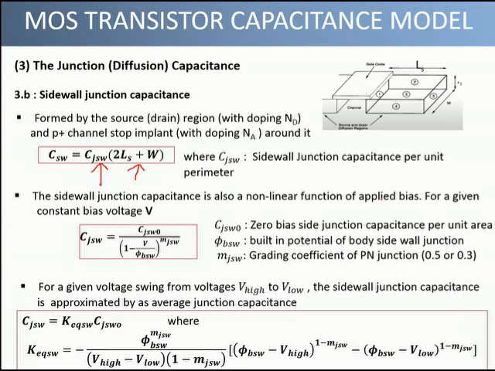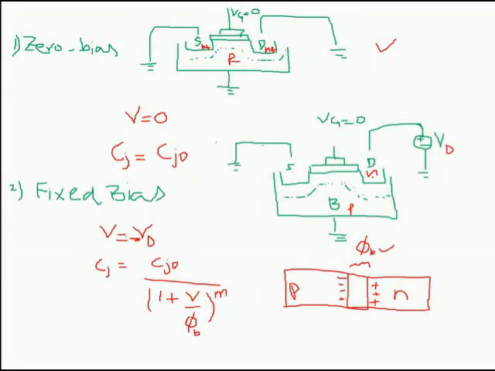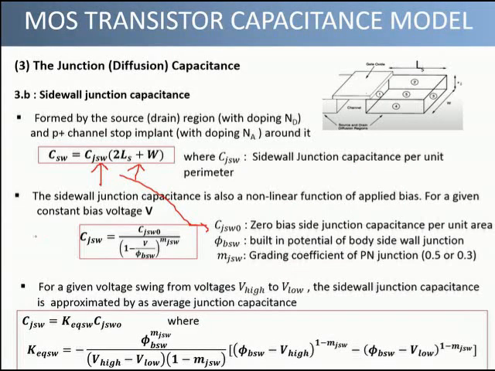So again there are three conditions of biasing. Number one is the zero bias condition, in which the sidewall junction capacitance is equal to CJSW0, which is the zero bias sidewall junction capacitance per unit area. For a fixed bias situation, when one of the terminals is connected to a constant bias, the sidewall junction capacitance is approximated by this formula, where phi BSW and MJSW are the built-in potential of the sidewall and the grading coefficient of the sidewall junction.